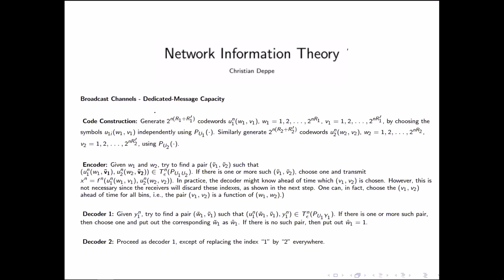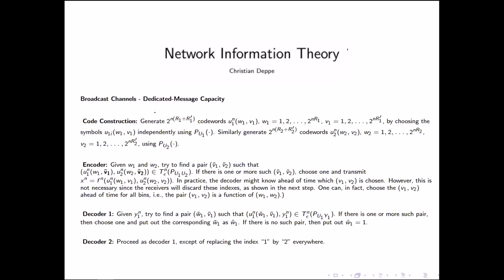And x^n is then a function of u1^n and u2^n. In practice, the decoder might know ahead of time which v1 and v2 are chosen. However, this is not necessary, since the receiver will discard these indices as shown in the next step. One can in fact choose v1 and v2 ahead of time for all bins.